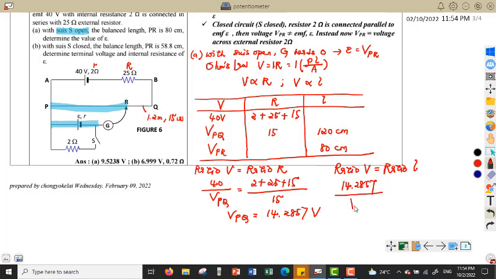Then for the voltage across the balance length is PR. So the ratio of the voltage here must equal to the ratio of the length. So for the whole wire, 14.2857 volt is given to 1.2 meter. So 1.2 meter is 120 centimeter. So for the balance length is 80 cm.